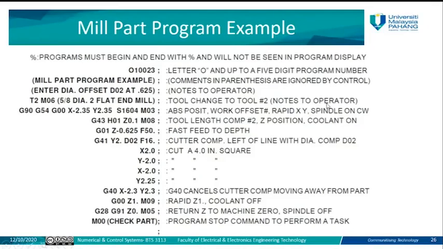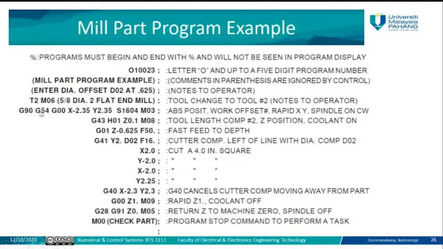Between brackets, this comment is a note for the operator to show that the diameter of the tool is 5/8 and it's a 2 flute end mill. So we define that the type of tool is not for drilling or turning, it's used for milling. This comment between brackets is just extra explanation or description for this code, which is T2 M06.